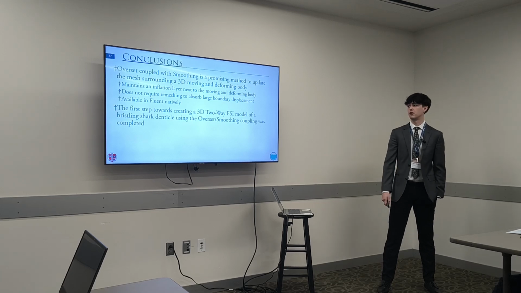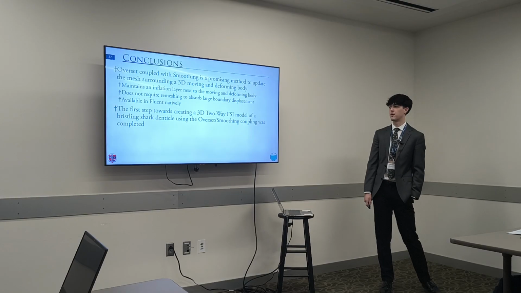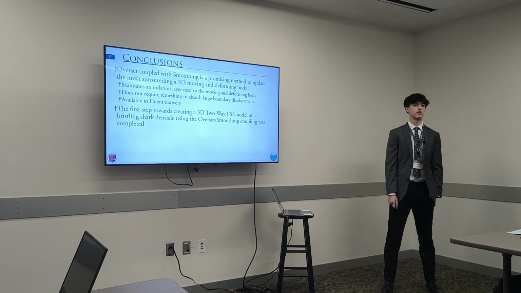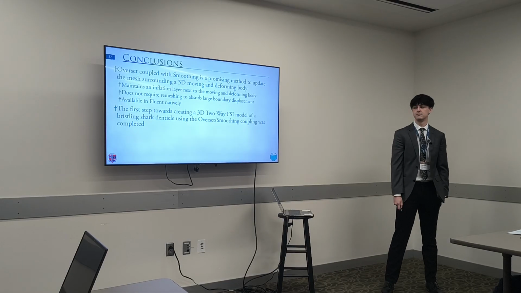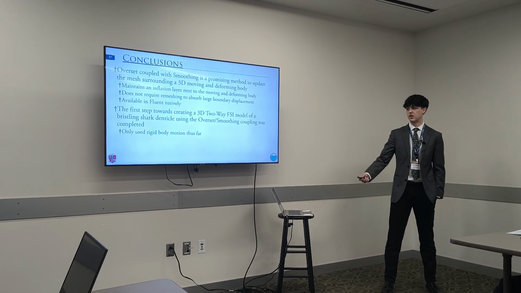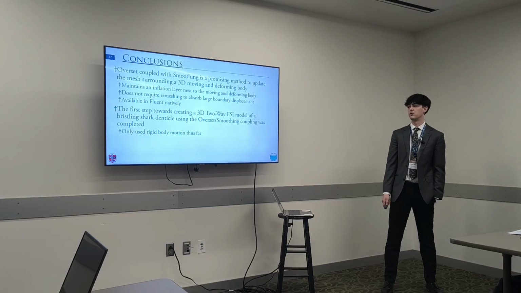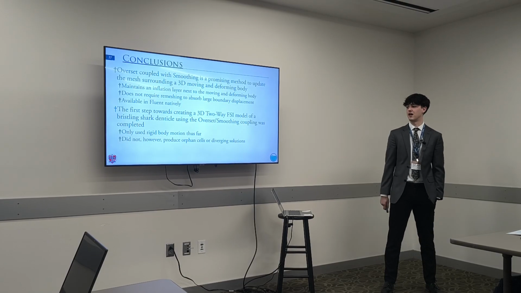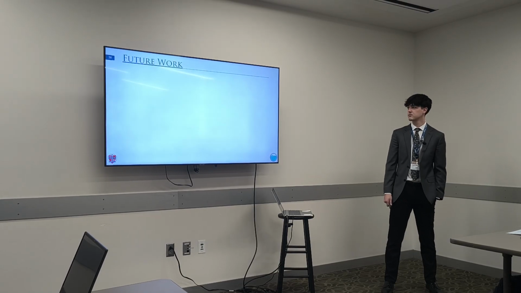But this is the first step in creating that 3D two-way FSI model of that shark tentacle using our overset and smoothing coupling. And so thus far, as you can see, we've only used it for that rigid body motion, and we did not produce orphan cells or diverging solutions.